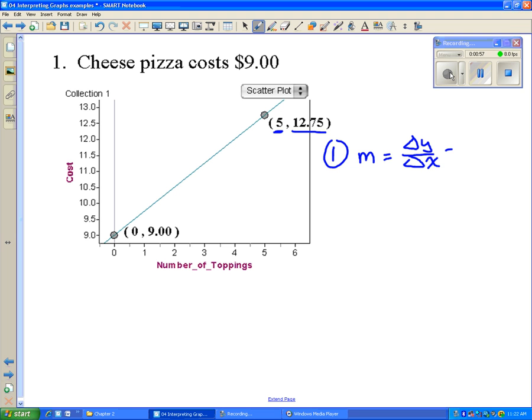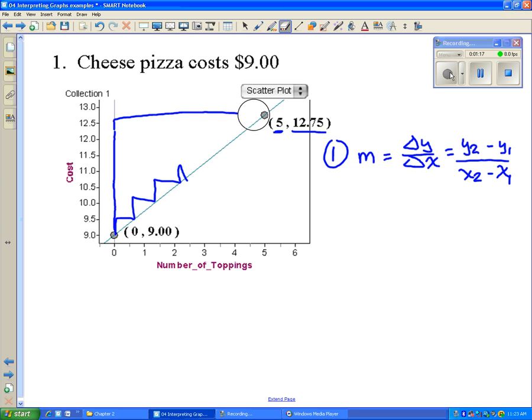Another formula is y2 minus y1 over x2 minus x1. All of these formulas are doing the same thing. I'm finding how much I go up and then how much I go over, and I'm making a ratio of that so that I can move that ratio and find different points on my line.